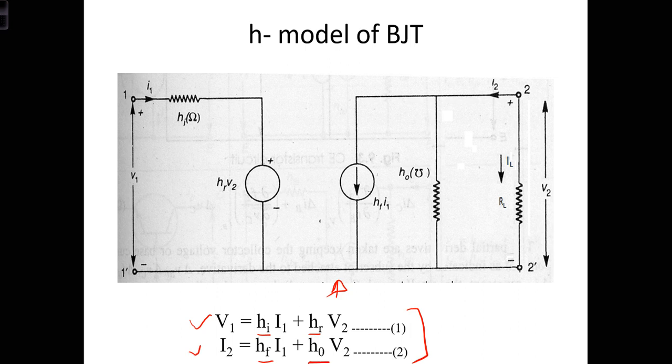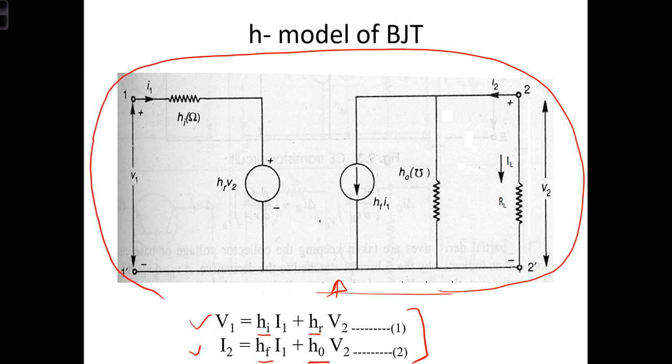Only these things. In the next video we will see how to construct this complete model. This is the model actually, and we will use it extensively, till our last H parameter model comes. So we will see how this is made using these two equations in the next short video. Thank you.